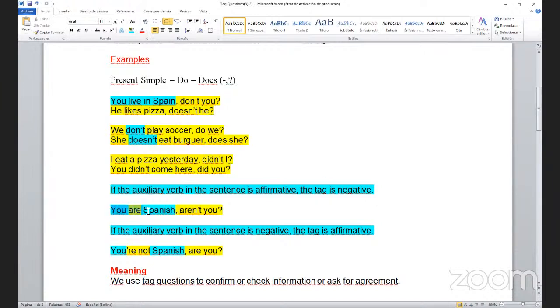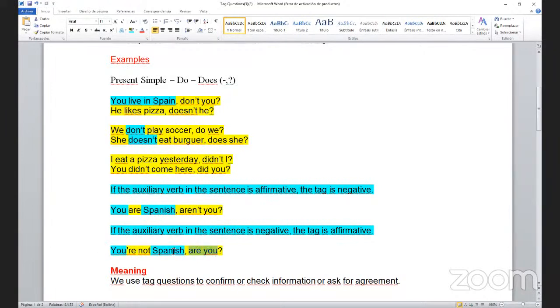If my sentence is affirmative, you are Spanish, I have to use the negative: aren't you? If my auxiliary is negative, you're not Spanish, I have to use the affirmative: are you?